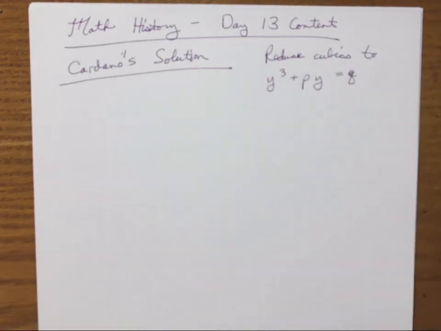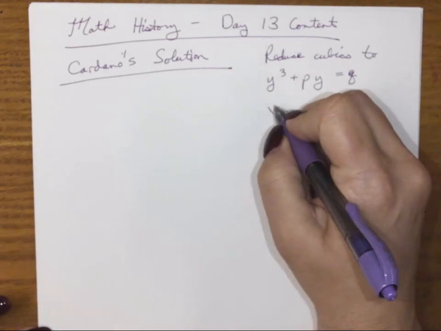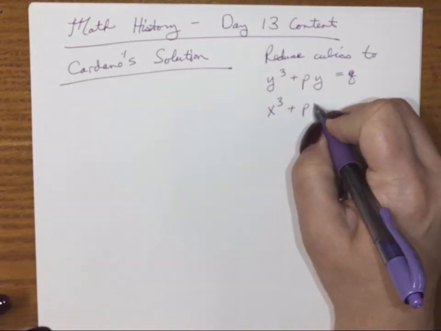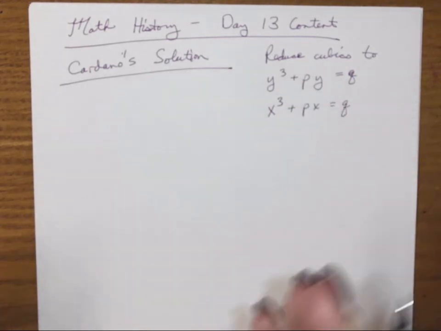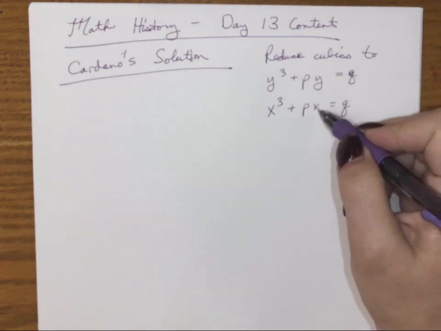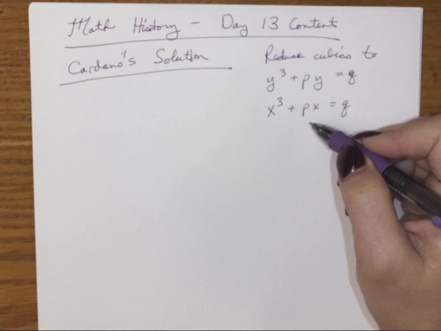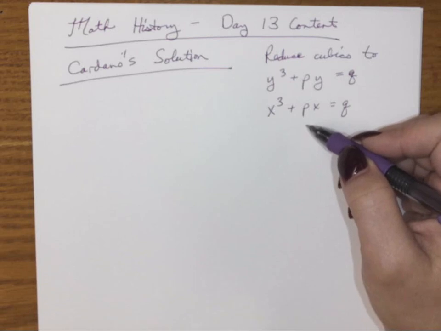And for whatever reason, sometimes it'll be written like this, but for our purposes, sometimes we want it to look like x cubed plus px equals q. Those are really pretty interchangeable. The reason we like this way, I think, is because nowadays we use x as our independent variable, so we want to solve for x a lot of times.